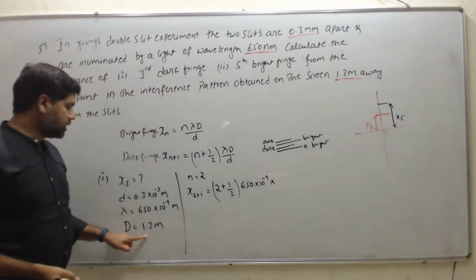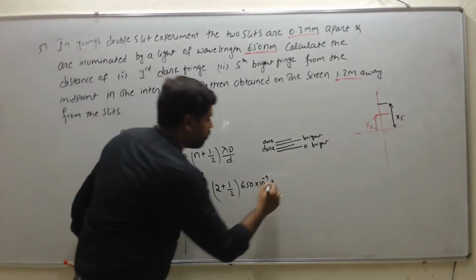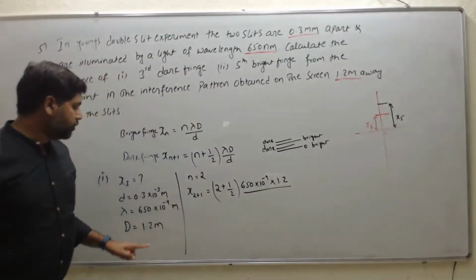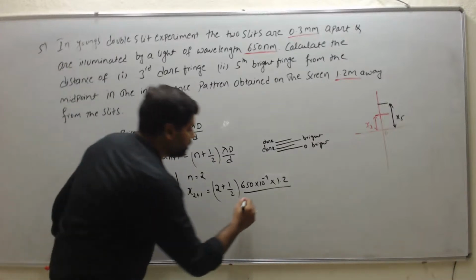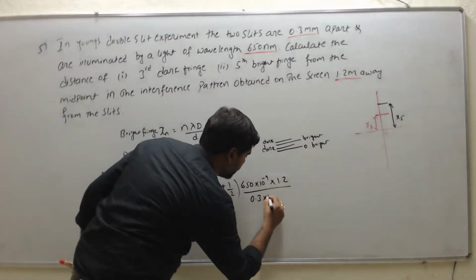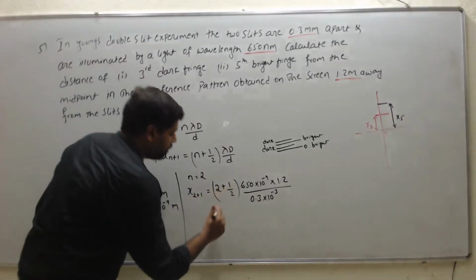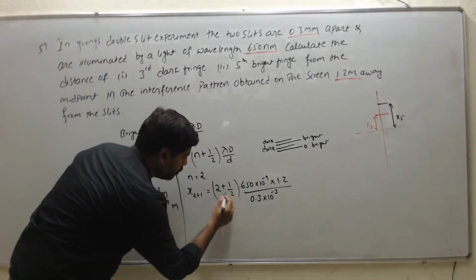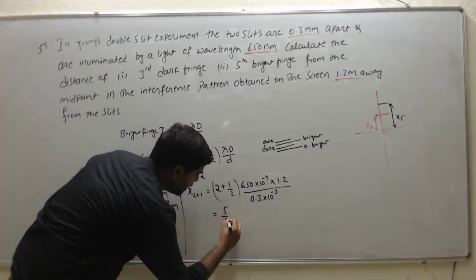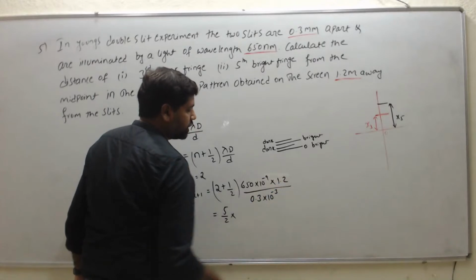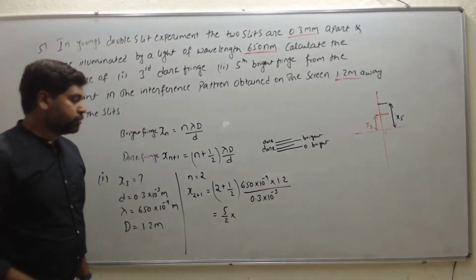The distance between the slits and the screen is 1.2 divided by small d, that is 0.3 into 10 to the power of minus 3. So here we take LCM and simplify. 2 plus 1, that is 3, divided by 2 into, so here 1.2 by 0.3, that is 4.